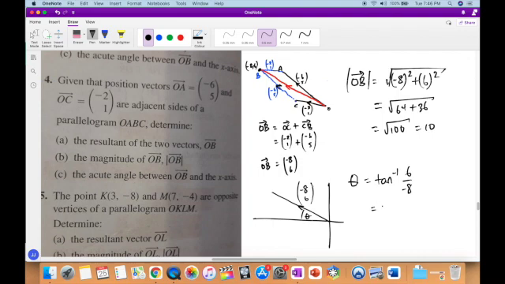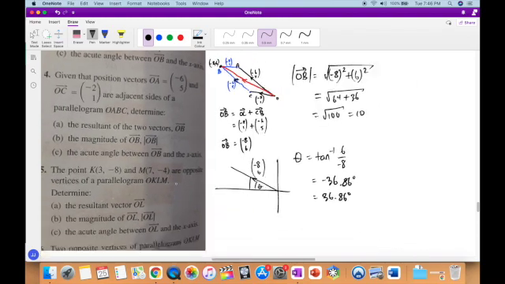You'll get an answer of negative 36.86 degrees, but you could just take the 36.86 degrees. That negative there is a whole kind of thing that you all don't really have to know, but you could just take the 36, and it does look 30-ish as far as angles go, right?